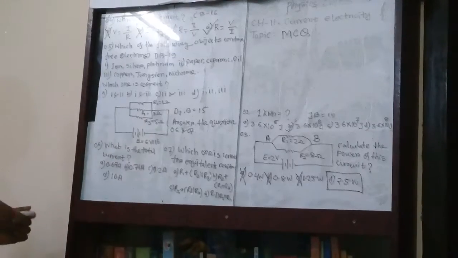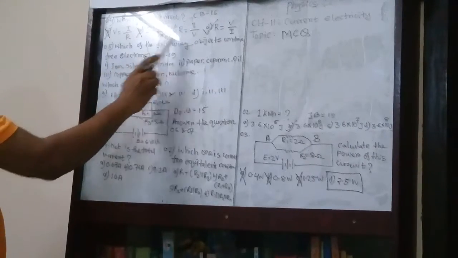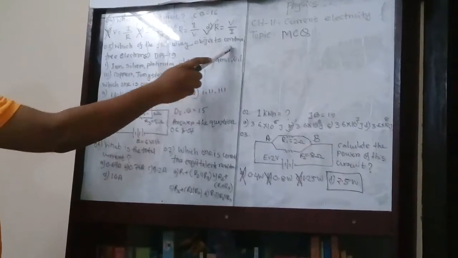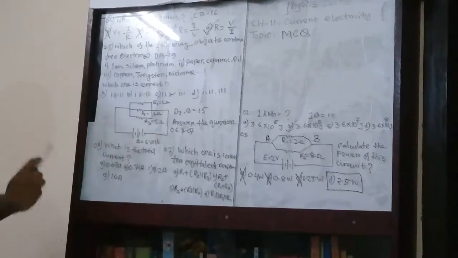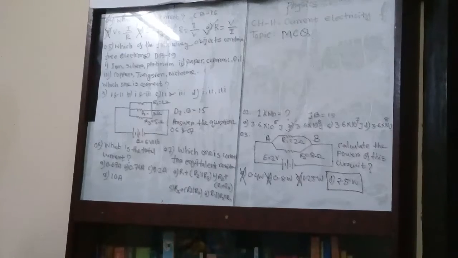Now, the question is again, which of the following objects contain free electron? Option number A: iron, silver, and platinum.